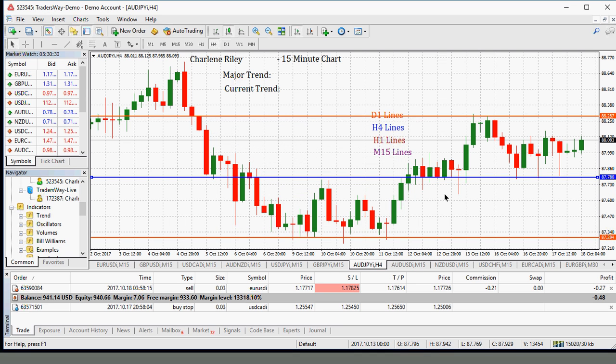And practice this, and it'll become almost second nature to you. This is a strong line here. Looks like another strong line here. Yep.